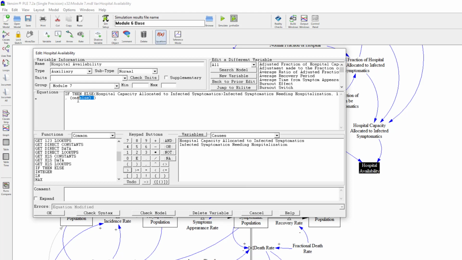If not true, then the value will be hospital capacity allocated to infected symptomatics over infected symptomatics needing hospitalization. So let's say that you have 20 hospital beds allocated to infected symptomatics, but you have 100 people out there who need to be hospitalized, then hospital availability will be 0.2. So that's our if then else function, and hospital availability is going to be dimensionless.